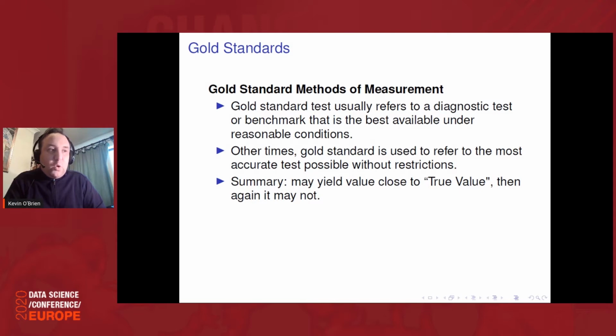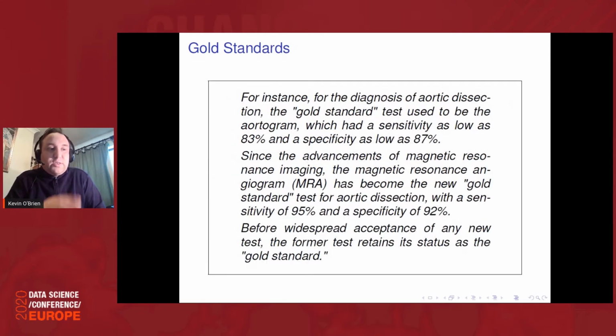Now, the idea of gold standard measurements is actually quite tough. I should show you a little read through of this, just to say that even a gold standard measurement may not be that accurate, particularly when we're dealing with internal body measurements.